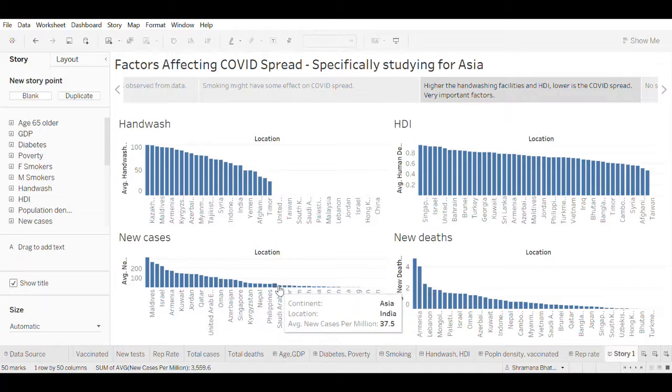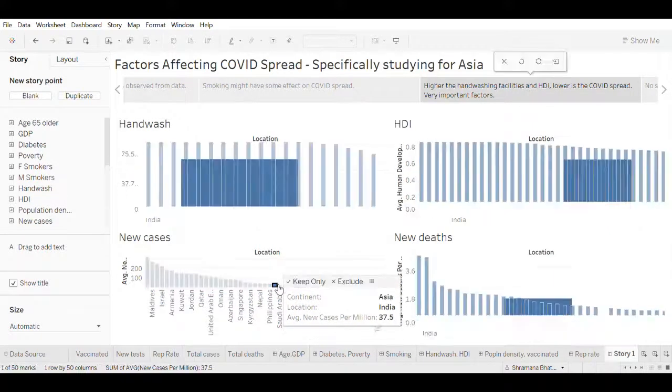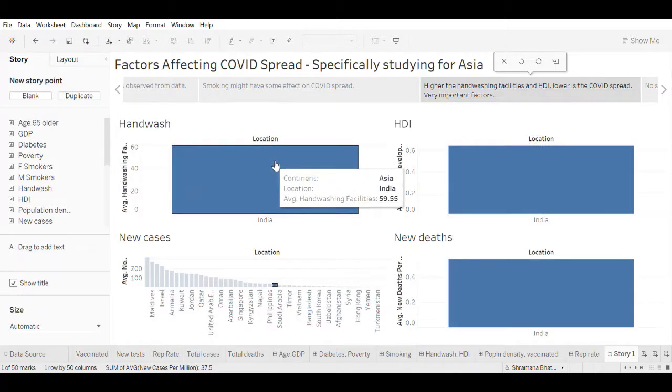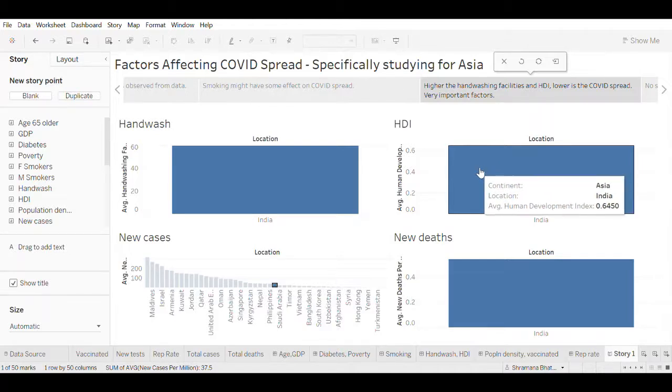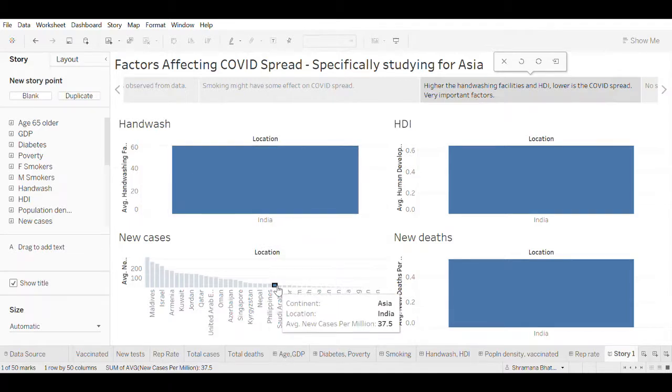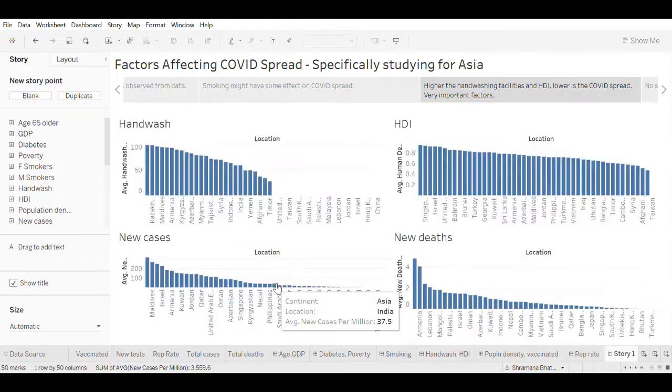Yeah, 37.5. Acha, India has moderate hand washing facility and its HDI is okay, at least more than 60%. So yeah, its cases are less, right? So some kind of effect, yes, I'm sure it will have.